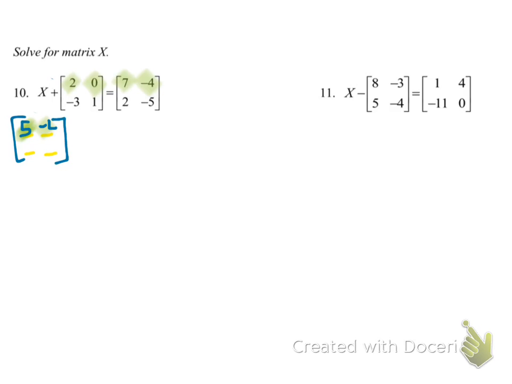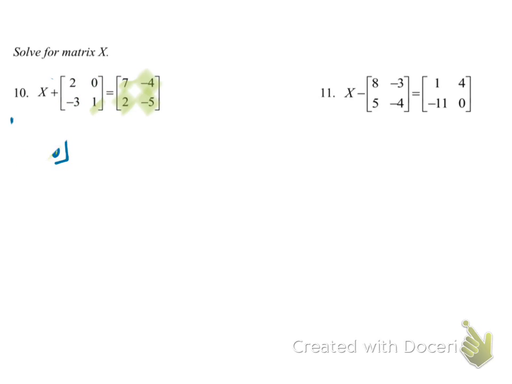That's negative 4. Now, you could keep filling it in this way. Something plus negative 3 is 2. That's going to be 5. And something plus 1 is negative 5. That's going to be negative 6, okay? So that's one way to do it. I'm going to erase that.